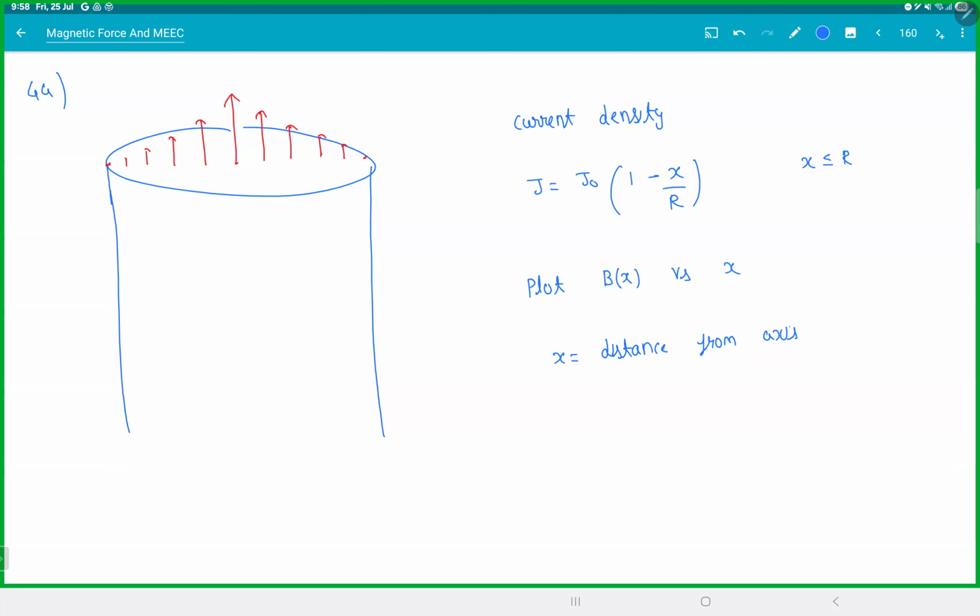One more minute. How will you draw the graph?